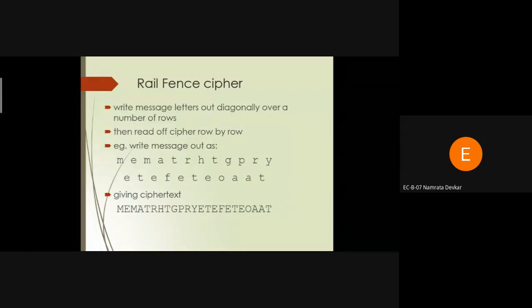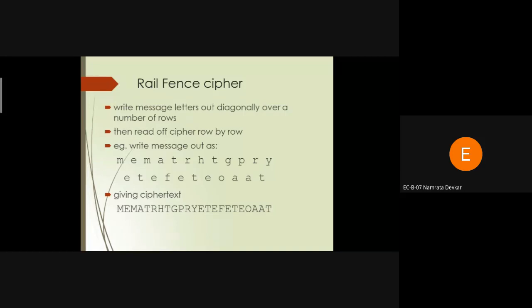We write the letters in a diagonal order, or in an alternate way. Suppose we first split the word "meet": M in the first row, then E in the second row, the third letter again in the first row, the fourth letter again in the second row. Likewise, we can use the relevant cipher.